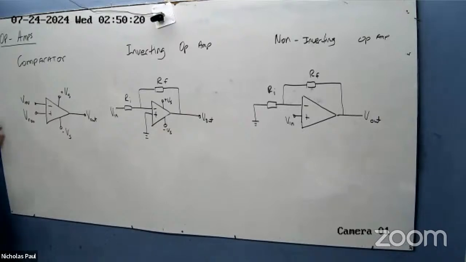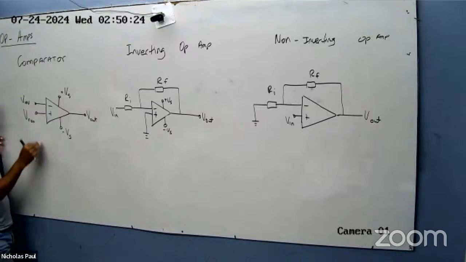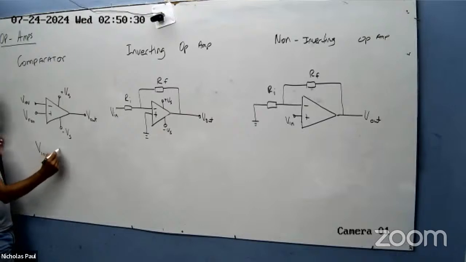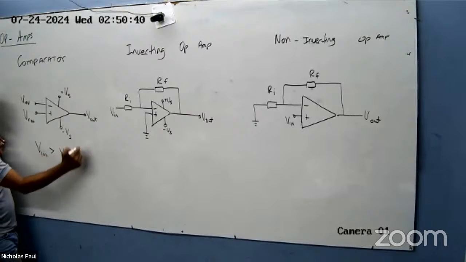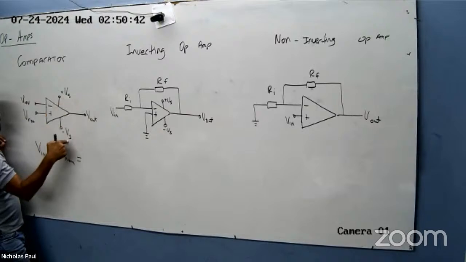All right, so watch this here. The first one is the comparator. What does the comparator do? It takes the voltage in the inverting and compares it to the voltage in the non-inverting. If this value is bigger than this value, your answer will be negative V supply.